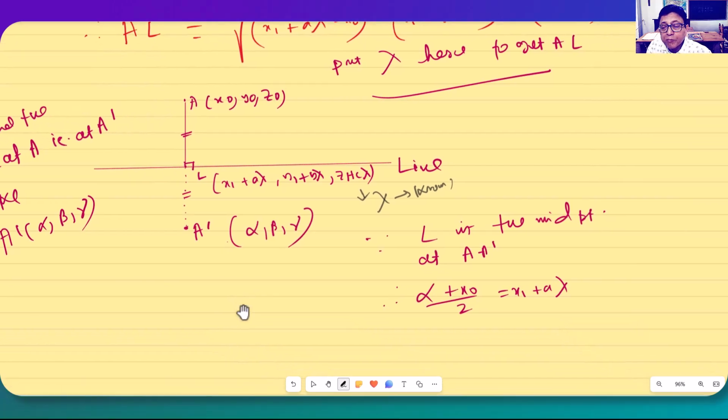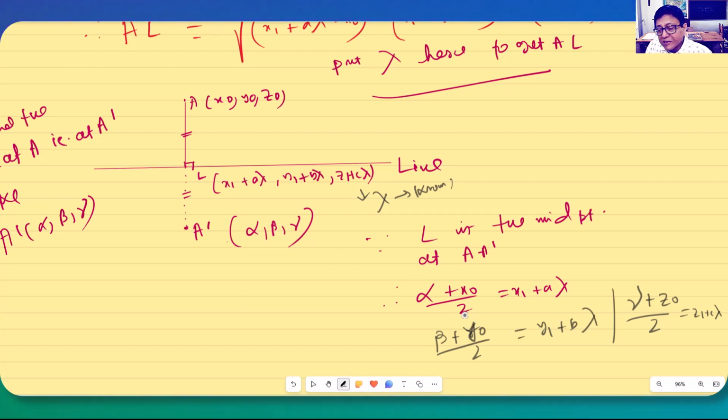And beta plus y0 by 2 will be y1 plus B lambda, and gamma plus z0 by 2 equal to z1 plus C lambda. Now, these are three equations from which you find A dash, alpha, beta, gamma.